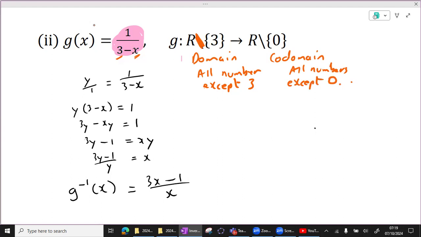So for your codomain, you can have any number basically except 0. So just to explain, that's what that line means. It's pronounced less. So you do R less 0. But in simple English, it means all numbers in the real set except 0. Okay, just to explain that.